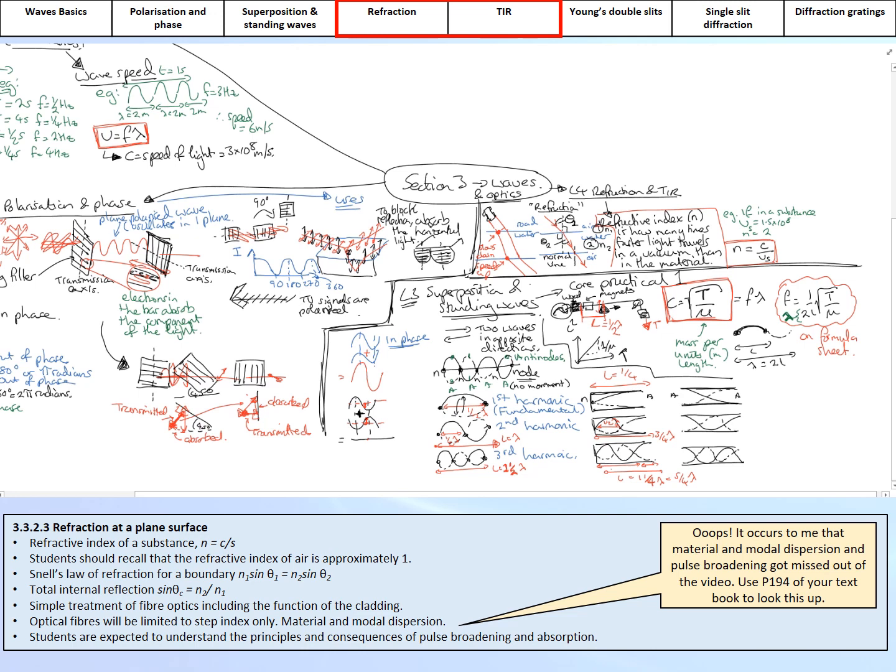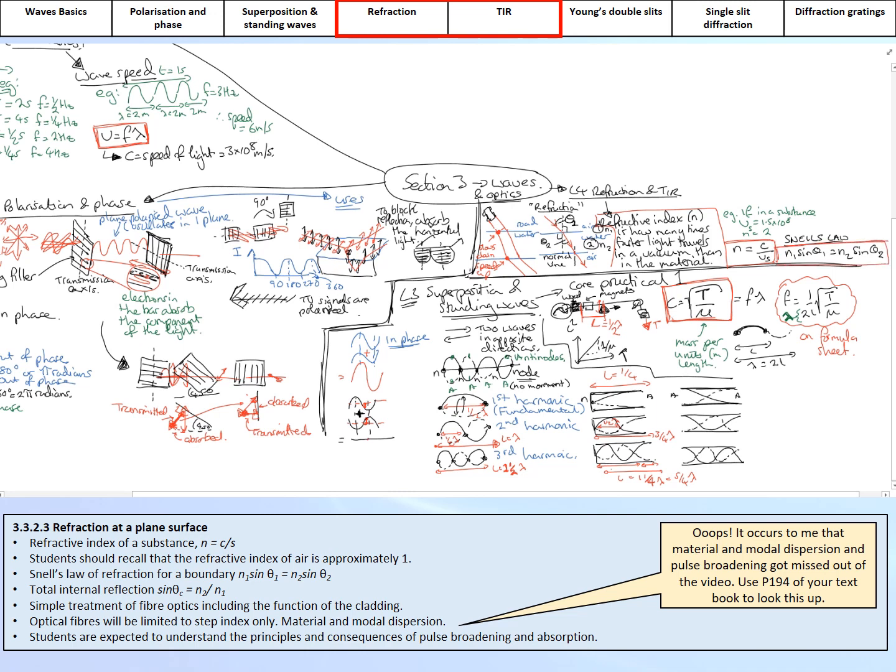Now the formula that describes that is called Snell's law, and I won't derive it here. But I do urge you to go back and have a look at the lesson. And it says that n1 sine of the angle of incidence is equal to n2 sine of the angle of refraction. And that formula is really, really very important indeed.